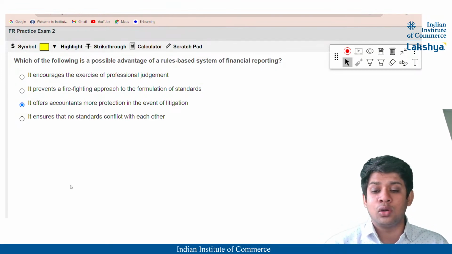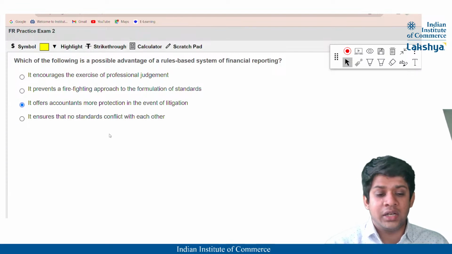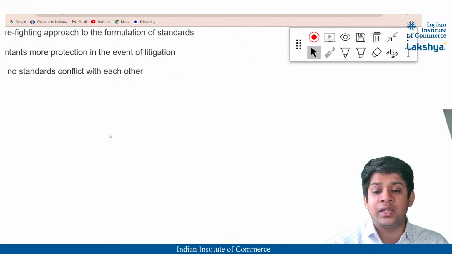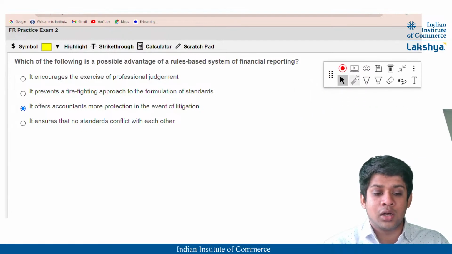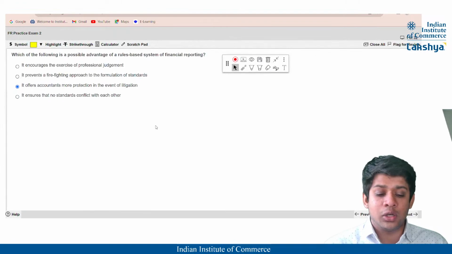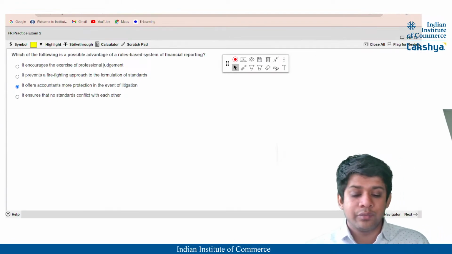They have followed the rules. So it is an advantage to them. And the last one, it ensures that no standard conflicts with each other. That is also not true. There is a possibility that the standards might conflict, and there are new standards which actually overtake, or you can say overlap, the old standards. Okay. So technically only option C is going to be the perfect answer here.